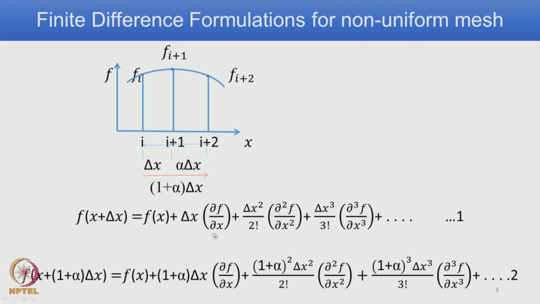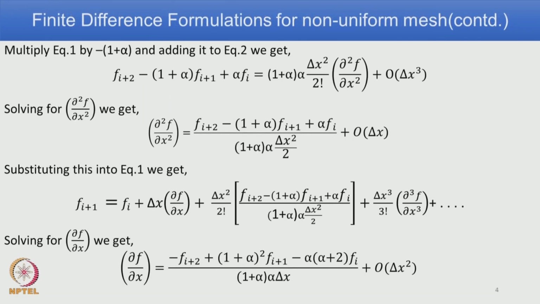So, we consider only the first term and follow some arithmetic operations to get the derivative, and if you consider higher terms, then you get the corresponding higher order derivatives or higher derivative difference formulas. Take this equation 1 and this equation 2, multiply equation 1 by 1 plus alpha and add it to equation 2, and we get an equation in this form: f of I plus 2 minus 1 plus alpha f of I plus 1 plus alpha times f of I equal to this, and we are interested in the second derivative here.